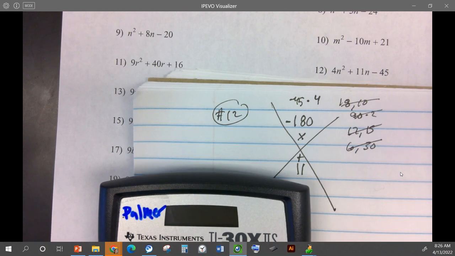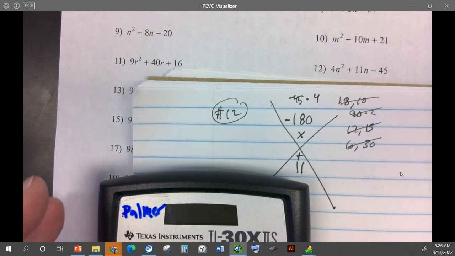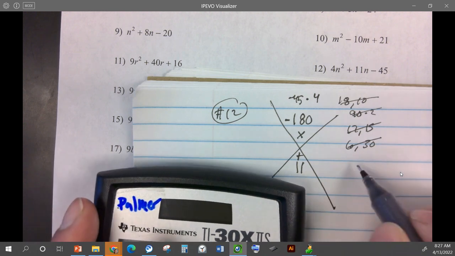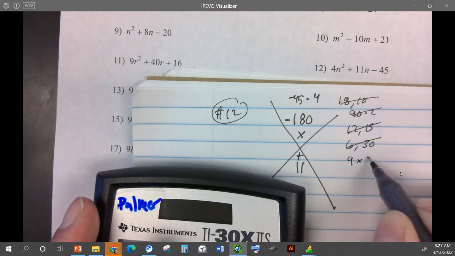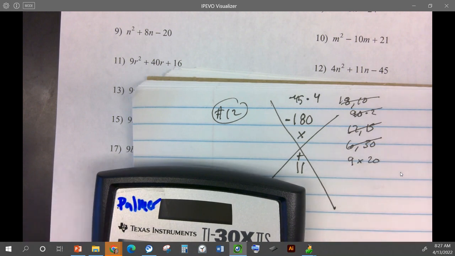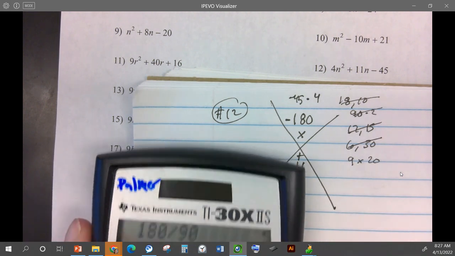Oh, 90 works, but it's not the difference, is it? So 20 doesn't work because 90 times 20 would be 1800 because you got 2 zeros. Nine times 20. Oh, is that what you're saying? Am I hearing it wrong? Oh, that's what you said. Okay, I heard 90 times 20.